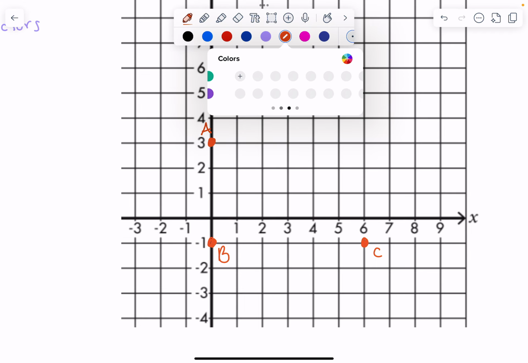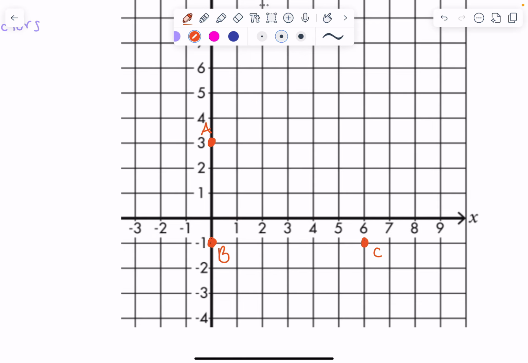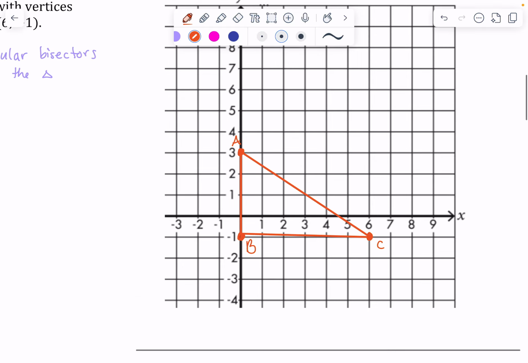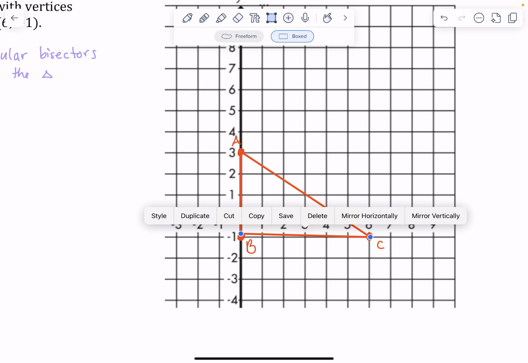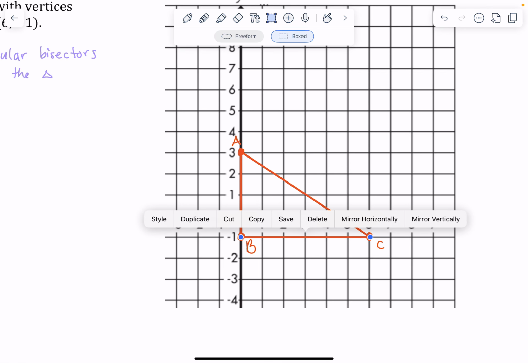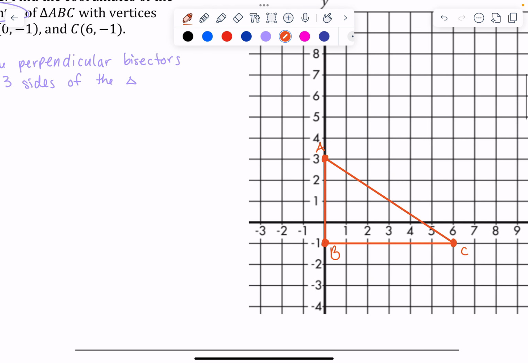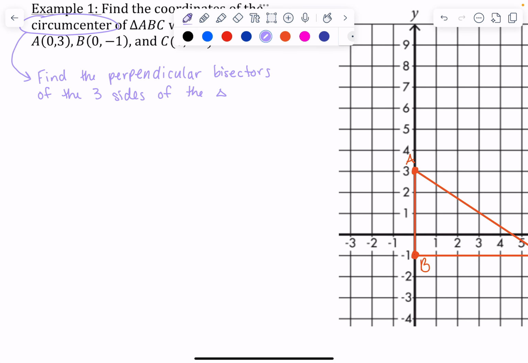Okay, so this is triangle A, B, C. Now, if I want to find the circumcenter, I need to find the perpendicular bisectors of each side of the triangle. So, for side AB, this part isn't too bad.